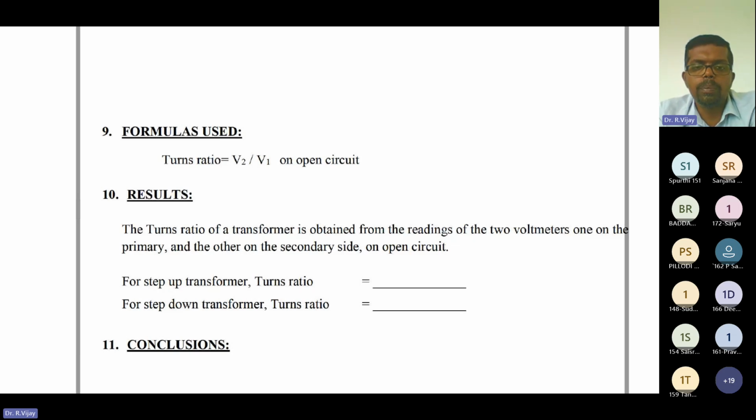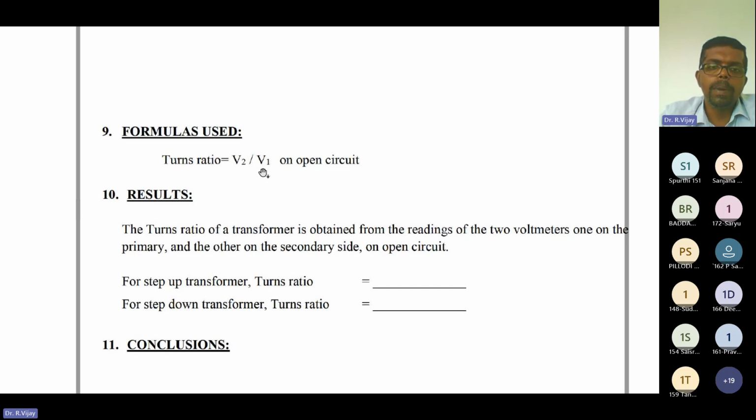For the step up transformer, what is the turns ratio? For the step down transformer, what is the turns ratio? For step down, it is 400 divided by 200, so you will get 2.